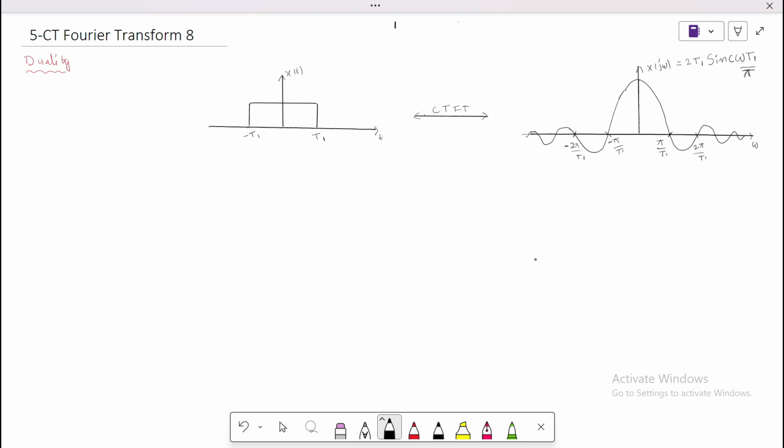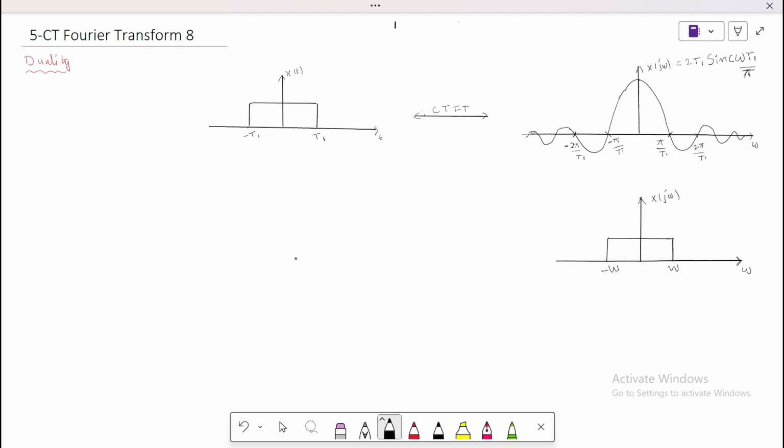Similarly, from minus w to plus w, the magnitude equals 1.